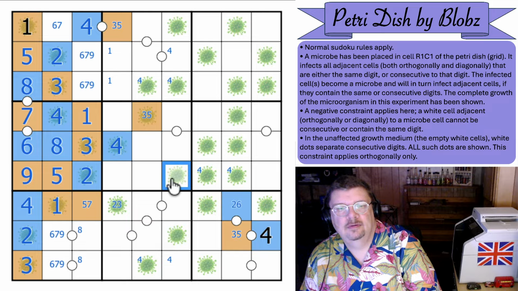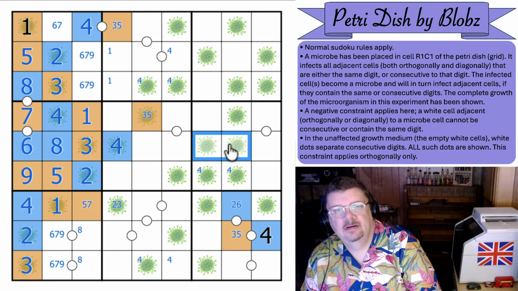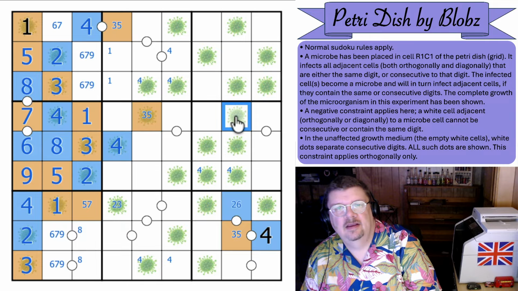Because those do not have to be different parity. Because that could infect that one and that one at the same time. So if that were, say, a 4, that could be, well, not in that example. If that were a 6, that could be a 5, 7 pair.